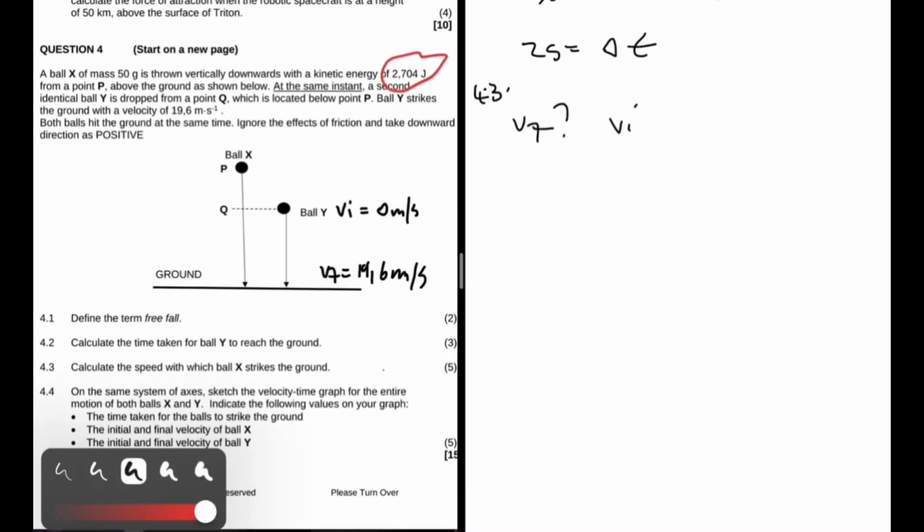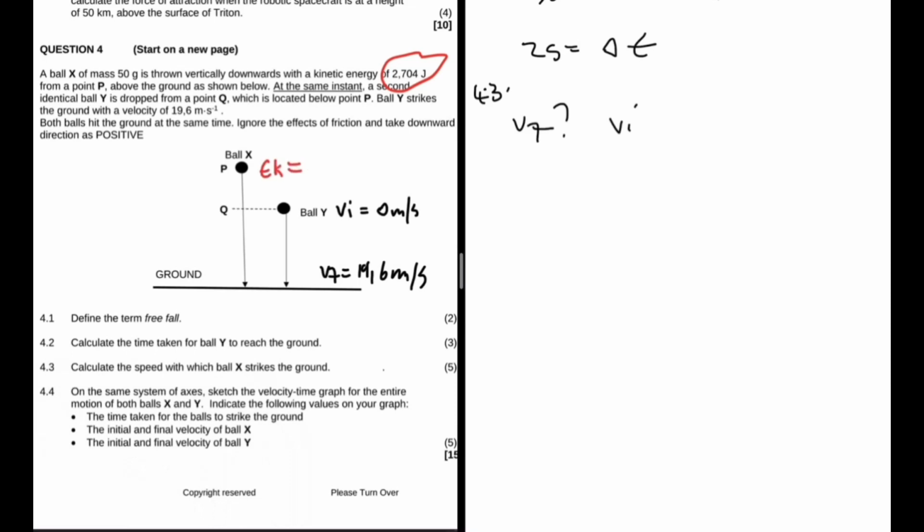So EK is equal to 2.704 joules, and VF is our unknown. We have the acceleration, obviously, because we always do. And we are told that the two balls hit the ground at the same time, so we also have delta T. So obviously here we're going to say VF equals VI plus a delta T.